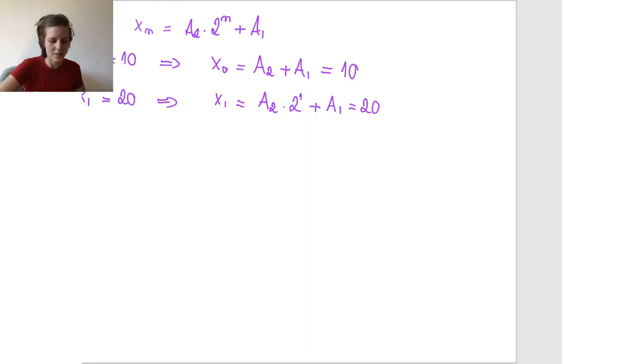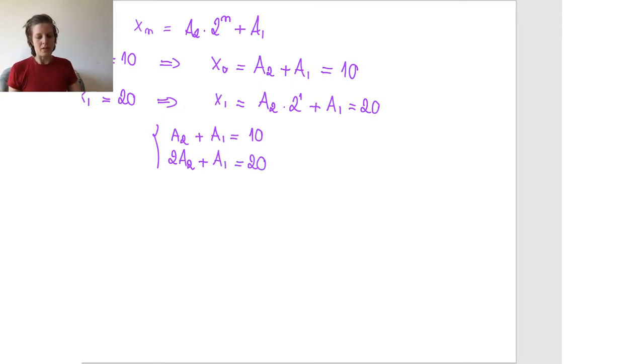So this is the system: a2 plus a1 equal 10, and 2 times a2 plus a1 equal 20. This is a linear system, and then you solve for a1 and a2.